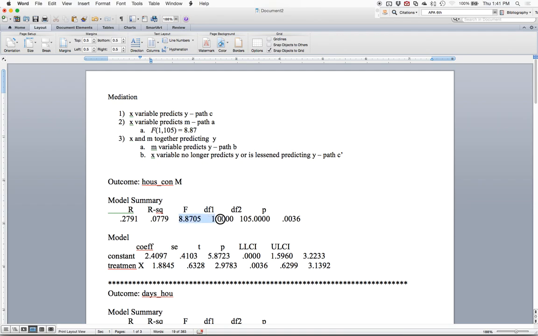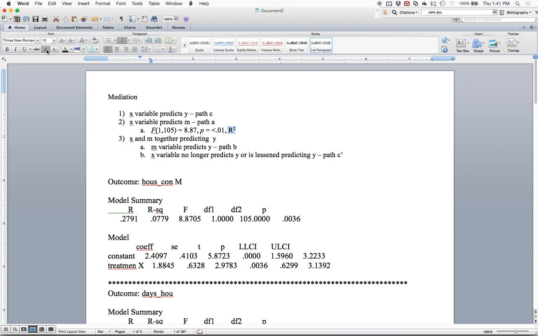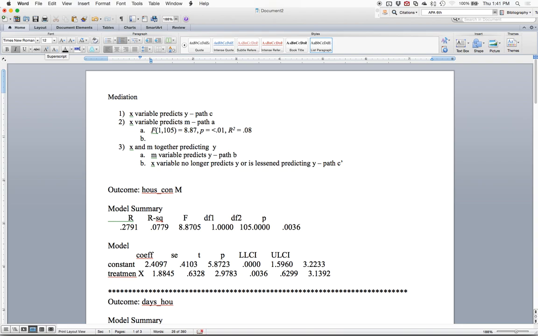I'm going to use these numbers here to talk about degrees of freedom 1, 2, and then here's F. So p is less than 0.01, and then R squared is equal to 8%, basically. Okay, so that overall model is significant. And then the predictor, which is probably the more important part, so let's go, it's B, lowercase b, for the coefficient.